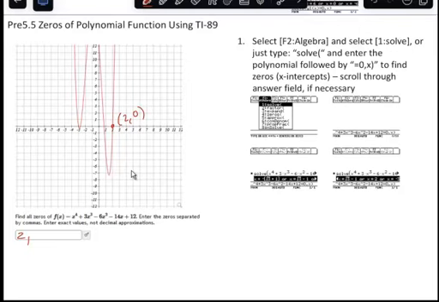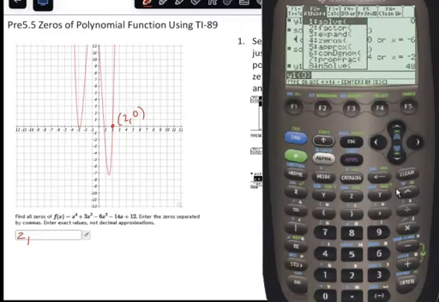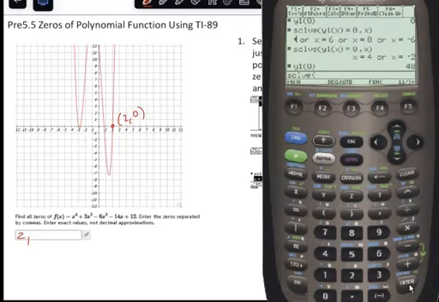So we know this one, and then we have these other three that we can find. Easiest thing to do on this is just use the solve feature. The zeros here are when we take this function and set it equal to 0. So if we just write this equation in, and you can do it in the y editor if you want, but since we're only doing one thing to this problem, I'm going to go ahead and just type it in individually.